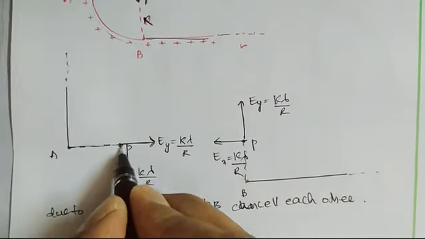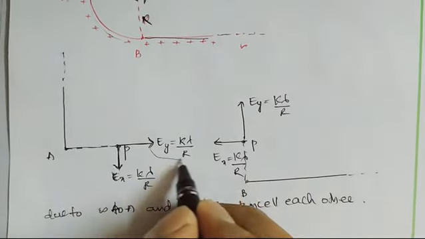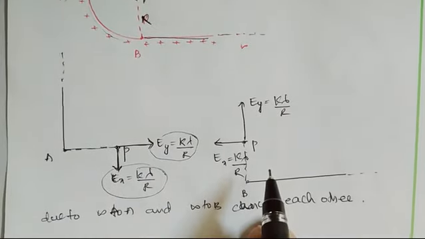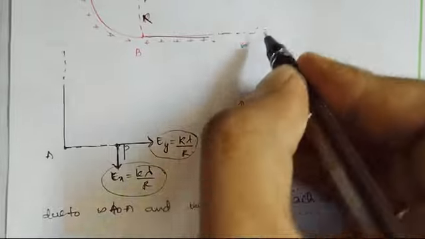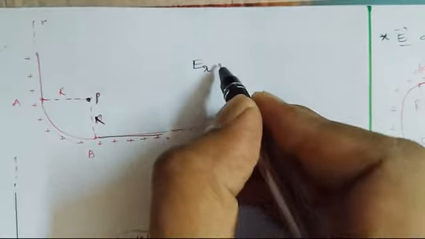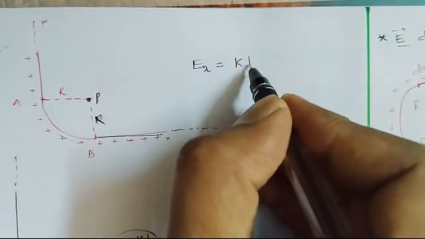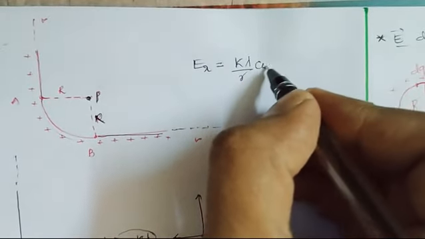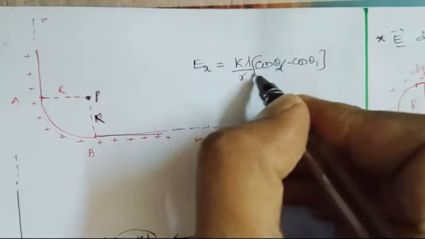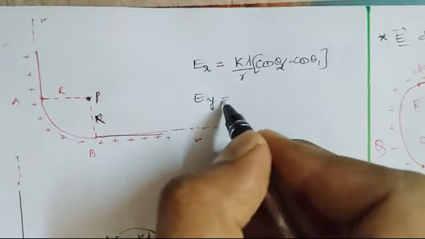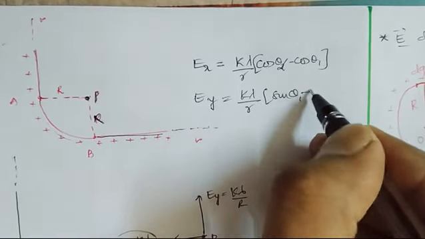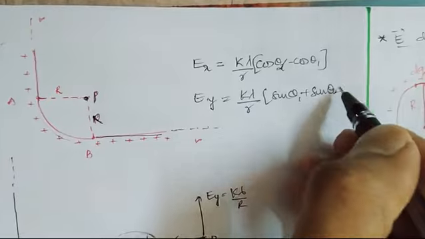At this point the electric field will have two components, one along the y-axis and another along the x-axis. How did we get these two? We already know that along the x-axis the electric field is k lambda divided by r into cos theta 2 minus cos theta 1, and along the y-axis k lambda divided by r into sin theta 1 plus sin theta 2.